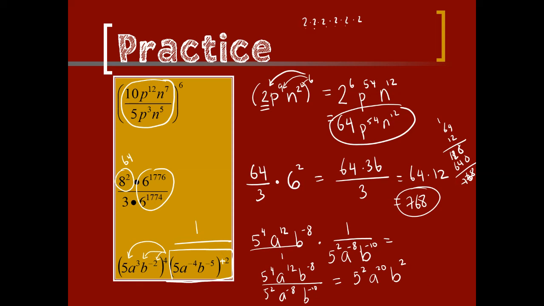So maybe I didn't need to deal with that fraction. I probably could have distributed the negative 2, but I figured why not? We could take a look at what happens there. So I end up with 25a to the 20th b squared. Hopefully I didn't make an error in that. And again, if you approached it differently, it's okay. It's absolutely acceptable as long as you're arriving at the same final result.